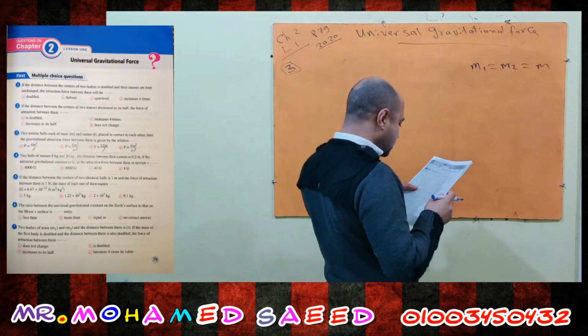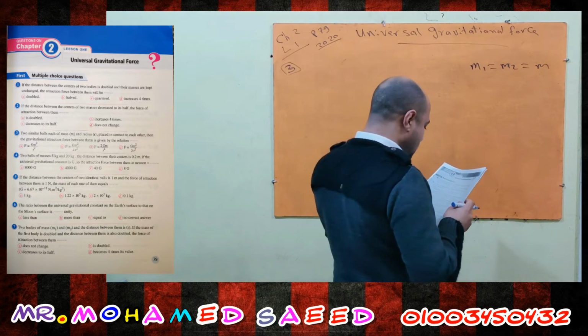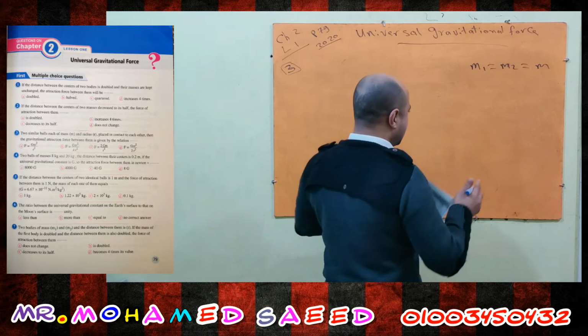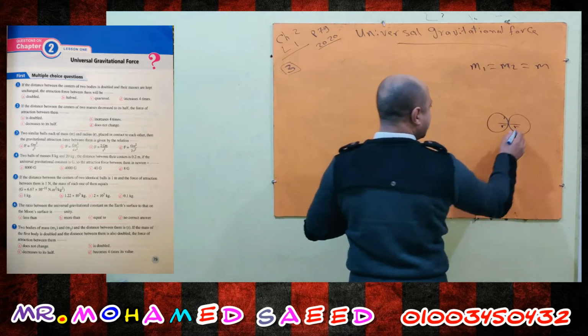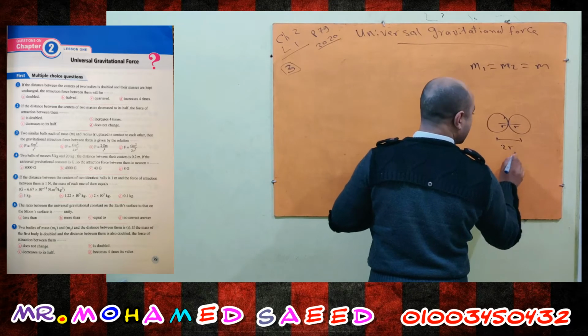Two similar balls, each of mass m and radius r, placed in contact to each other, each of radius r and r. So the distance between them is 2r, right?